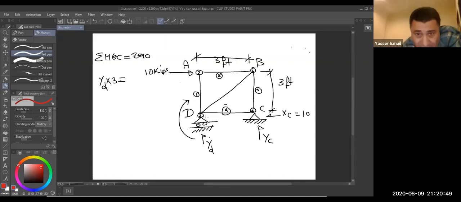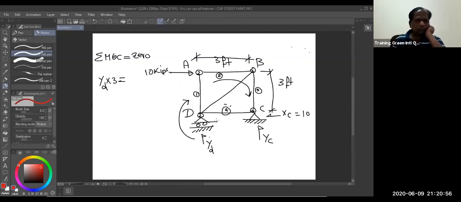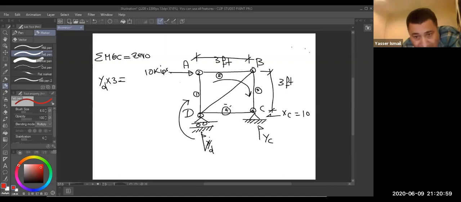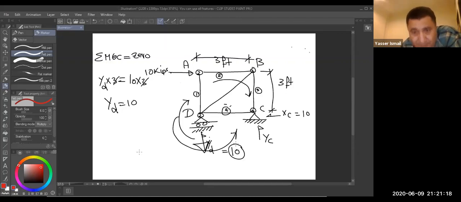If this moment turns like that, the reaction should be in the opposite direction to make the opposite moment. So 10 multiplied by 3 equals Y D multiplied by 3, so Y D equals 10 downwards. Sigma y is equal to 0, so upward is equal to 10.